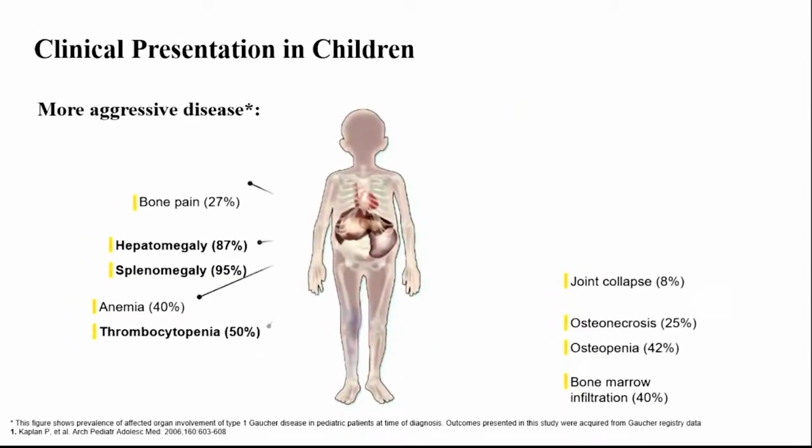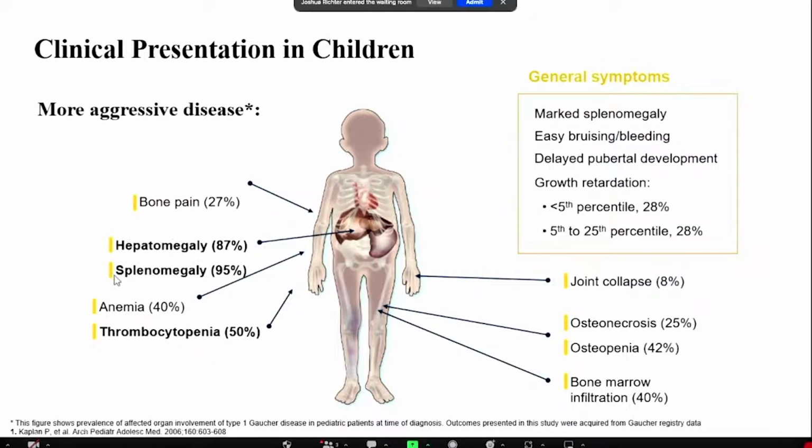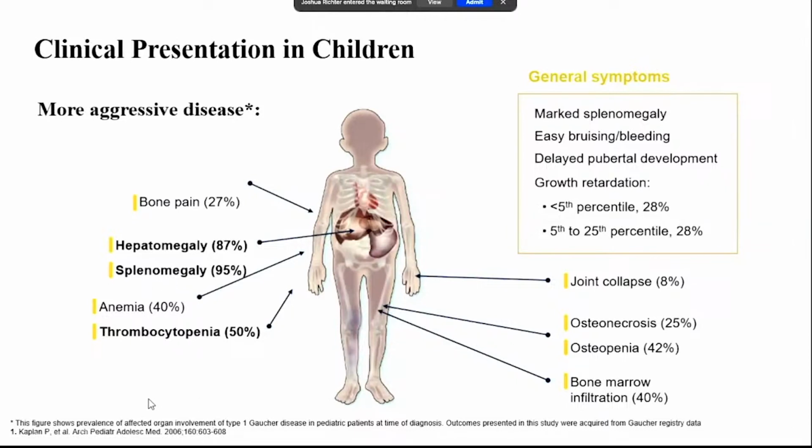What about the clinical presentation in children? They have a more aggressive disease. They have marked splenomegaly. This is the landmark in the pediatric age group, along with easy bruising and bleeding, delayed puberty, and growth retardation. The most common presentation is hepatosplenomegaly, massive splenomegaly actually, in 95% of patients, and hepatomegaly in 87%.